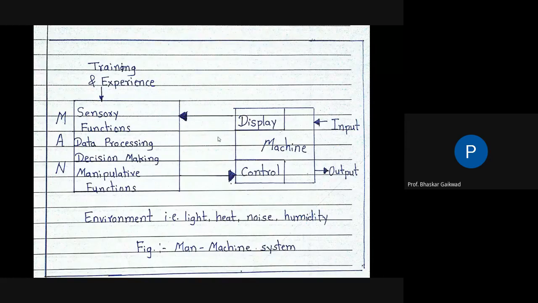So this is the man-machine cycle. In this, there are certain environmental conditions you have to remember. Clear light should be there. Heat should not be there. Noise should not be there. Humidity will affect the capacity of the man.